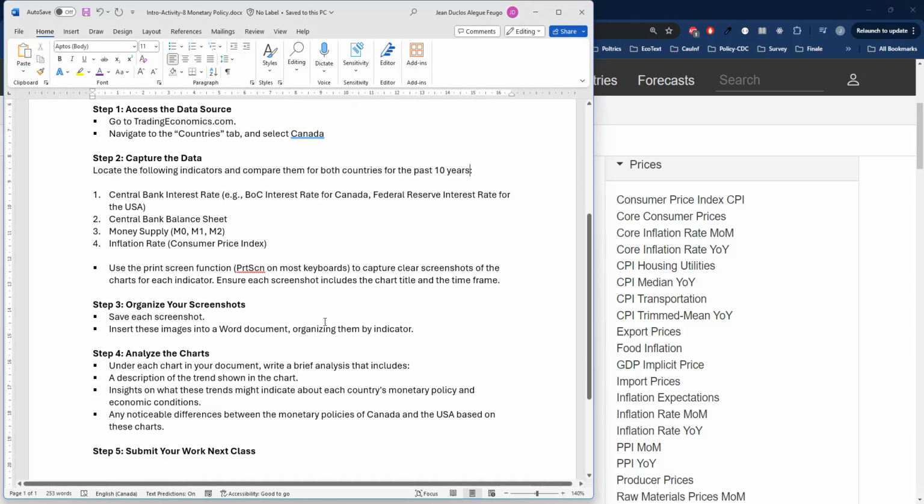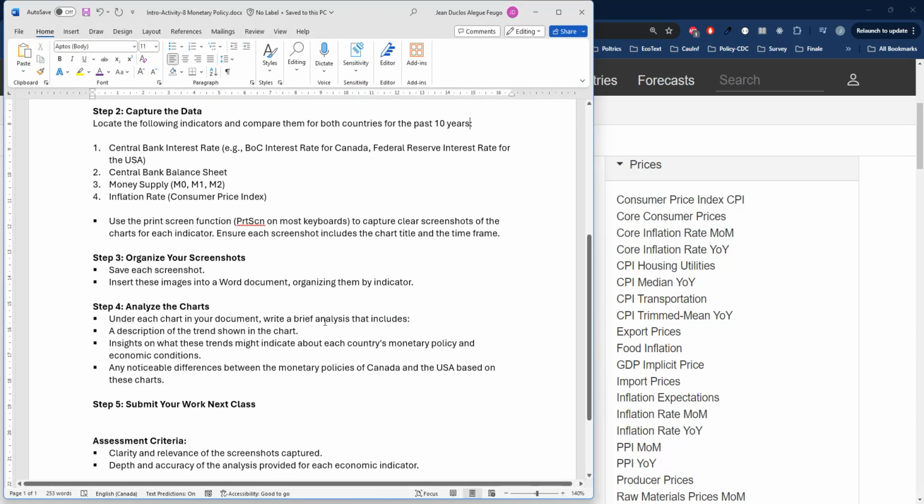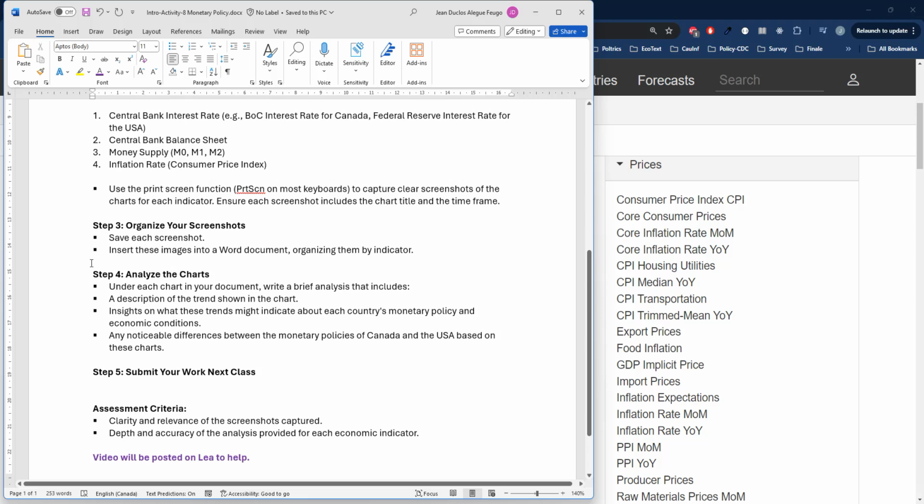Now, it's very important you don't just put the graphs there and that's the end of the story. It's important for you to do the analysis. Here it says under each chart in your document, write a brief analysis that includes the following. You should describe the trend as you observe. So what do you see?